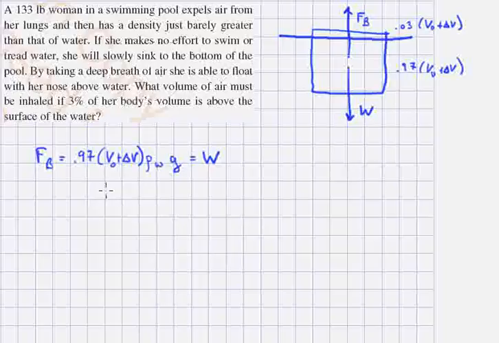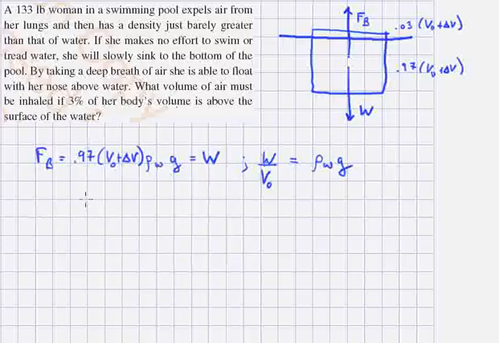So for that to happen, her weight divided by her initial volume, before she takes that breath, is going to be the mass density of water times g. Multiplying by g converts kilograms per cubic meter to newtons per cubic meter, which is what units we have on the left side here. And so now I have my two equations, and now I can solve for delta V.